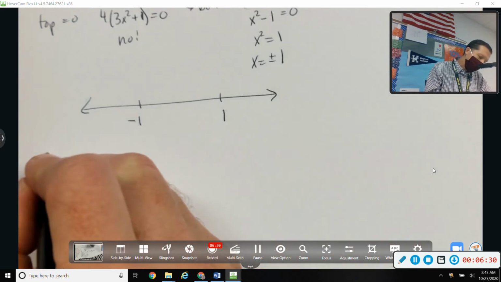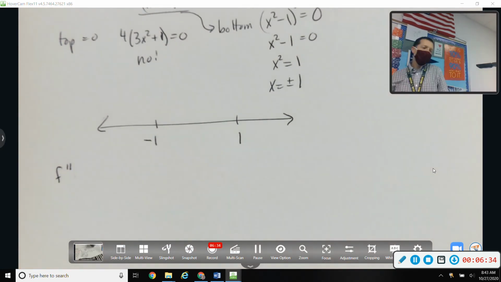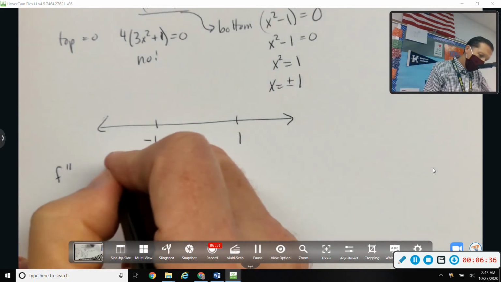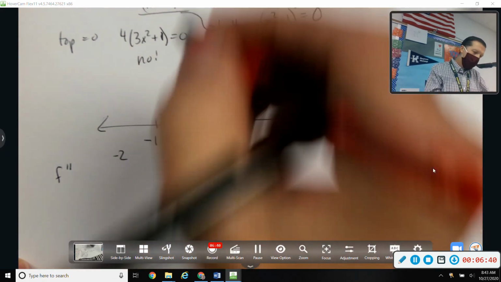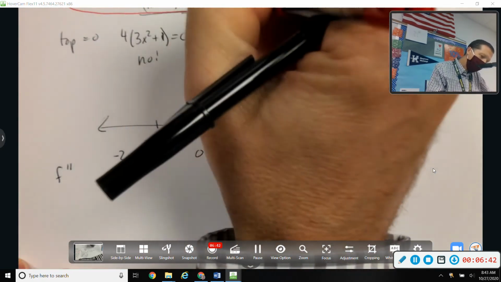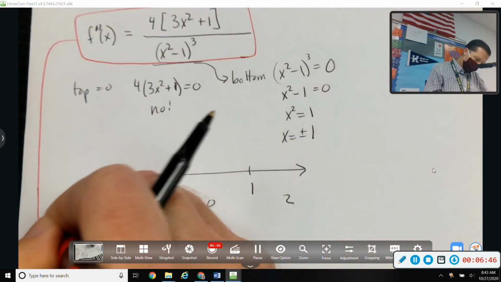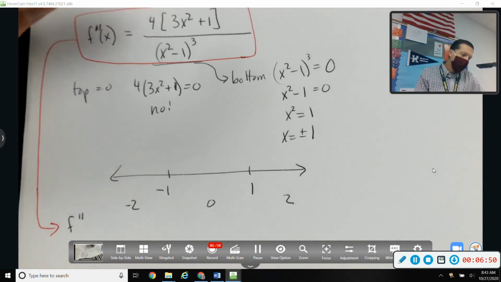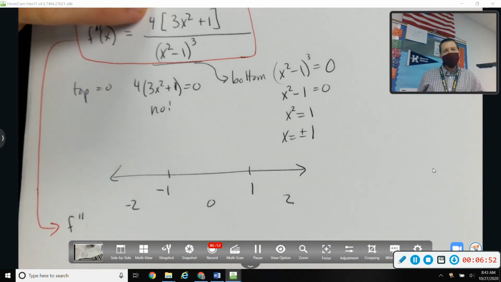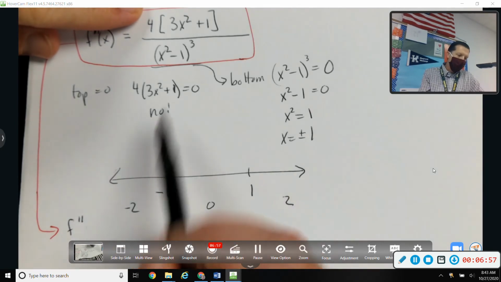And I want to test the second derivative because it asked me for concavity intervals. So I'll check -2 and 0 and 2. And I need to check them in the second derivative. I guess if I'm really paying attention, I already said the top is always positive. So it doesn't matter what I plug in there.